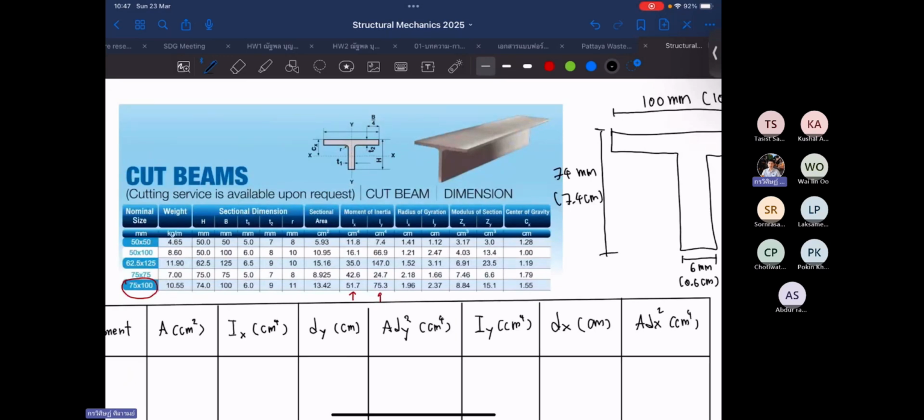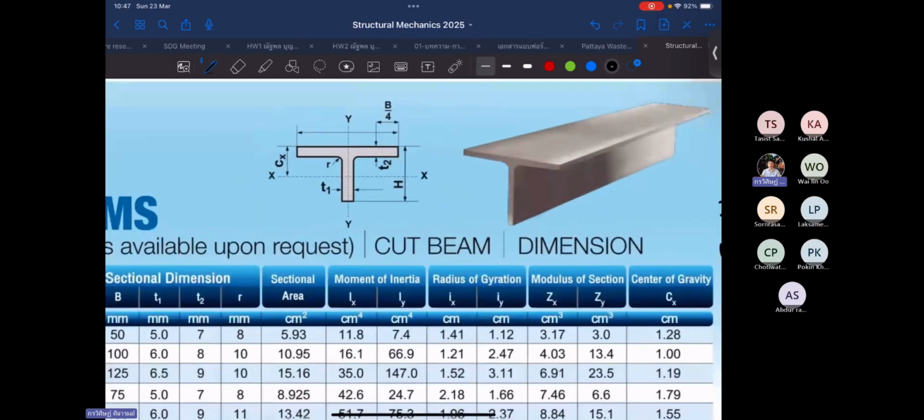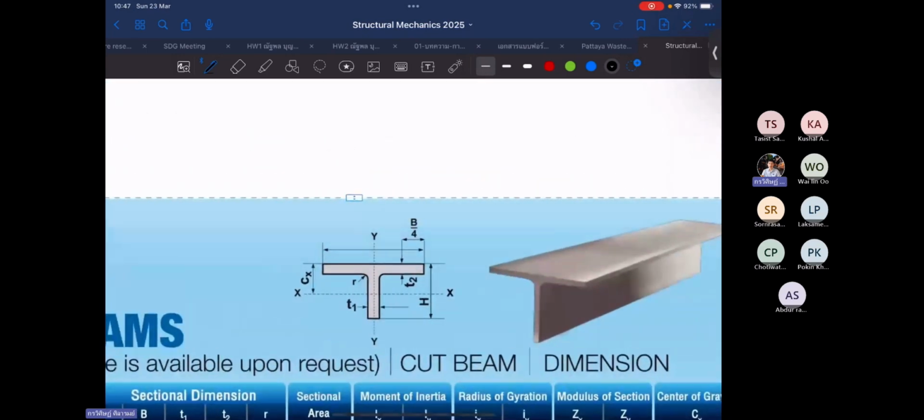We already did it in the midterm exam, so I will not go into detail. The second is you determine it from the steel table. For an unsymmetric shape, we can get the centroid of the shape from the table directly, as you can see.